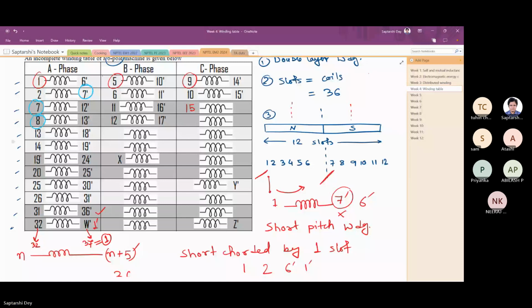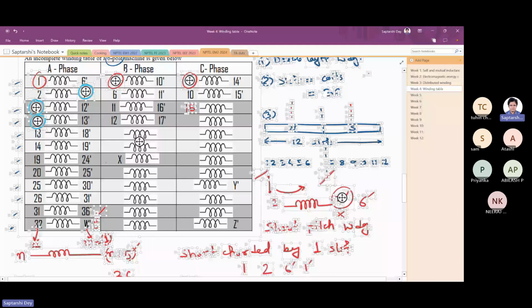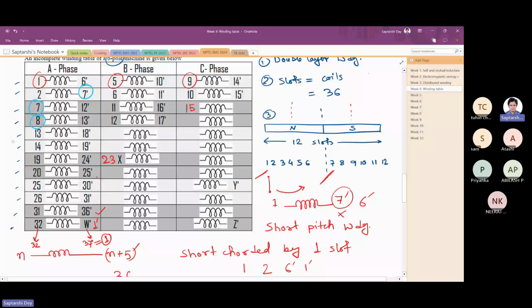So 19, this will be 23 clearly, and say 25, this becomes 29, 29 plus 4 is 33. 33 plus 5 is 38. 36 slots, so 38 cannot be a slot number.